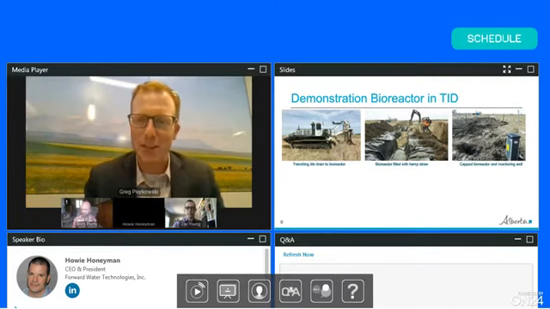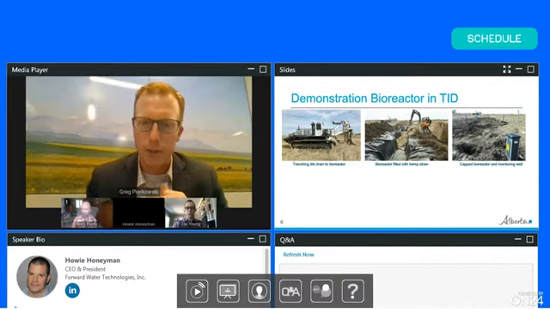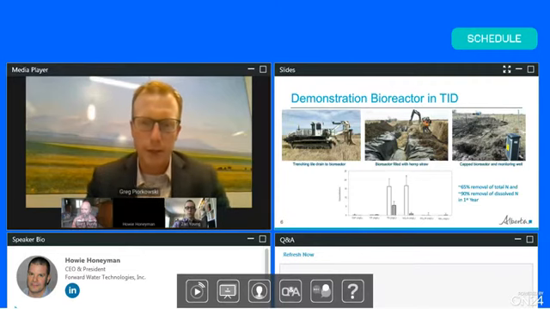It's a very low-tech system, by design, because of its application as an edge-of-field type management practice. Once you fill it with the organic material, you cap it with soil to help with odor control and limit the amount of oxygen going into it.